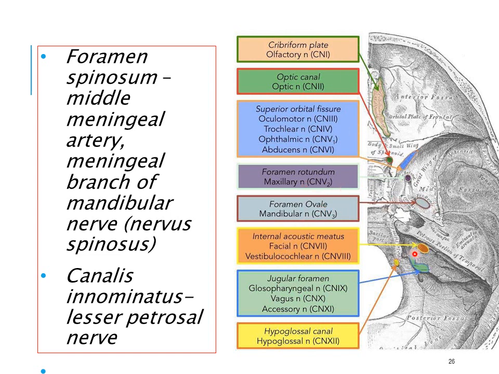Then we have internal acoustic meatus, which gives the passage of facial nerve and vestibulocochlear nerve, and we have the jugular foramen for the glossopharyngeal 9th, 10th vagus nerve and 11th accessory nerve. We have hypoglossal canal for the hypoglossal nerve. So these are the various foramina you can see in the interior of the skull, and also through the norma basalis. Okay, when you come to college, I will show you all these foramina.